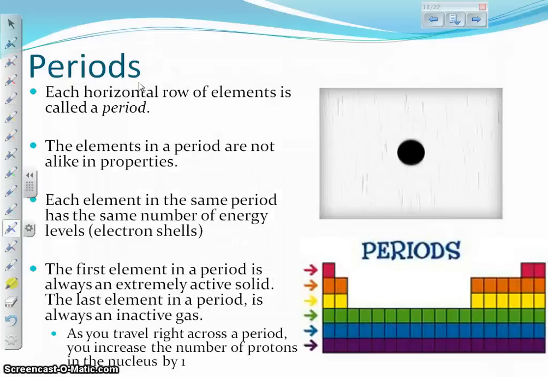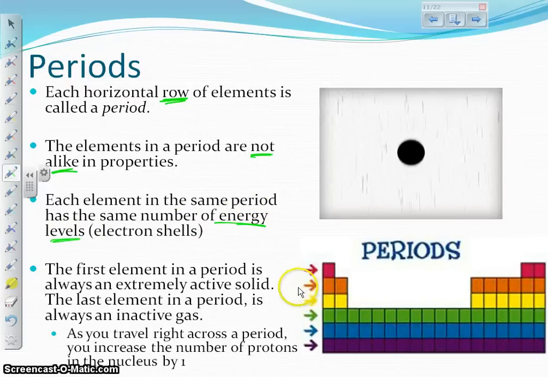Okay. Anyways, we talked about the idea that a period is basically just a row, going side to side, and they are not alike in properties. Now, they do have a couple similarities. First off, they have the exact same energy level, and that basically just means there's the same number of shells around the nucleus.